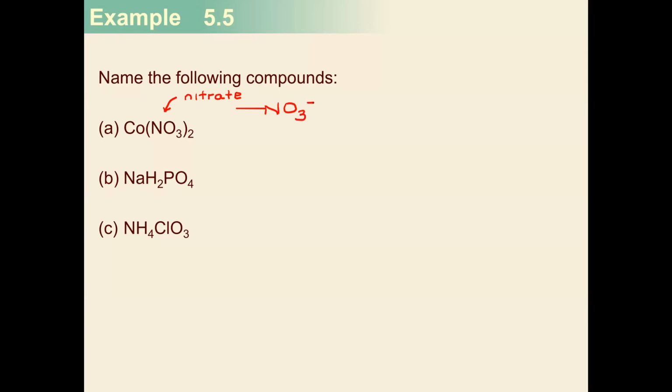The reason that this is important is that if our nitrates individually have a -1, and there are 2 of them, we have a -2 charge that we must balance. This means that our cobalt must be +2. So this means that I have to go and name it with that. So the correct name for this would be cobalt.